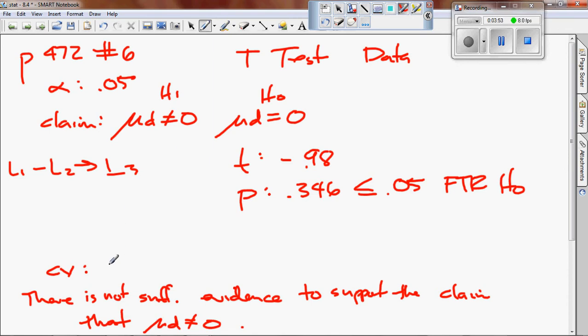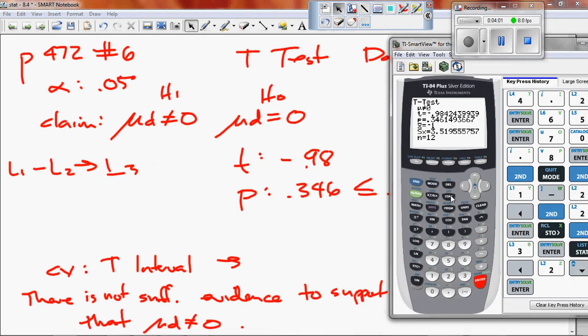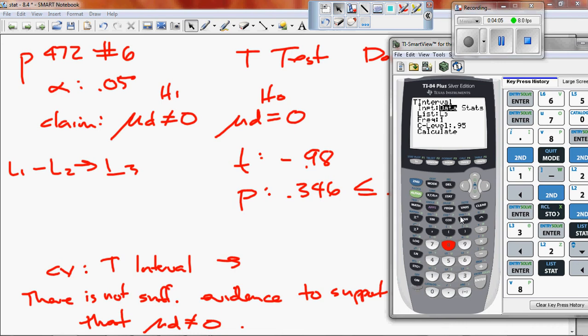Critical value, we're going to use t interval. So we go to stat, test, t interval, and we're going to use the data in list 3. And the confidence level that we're using, we're trying to find the critical value.